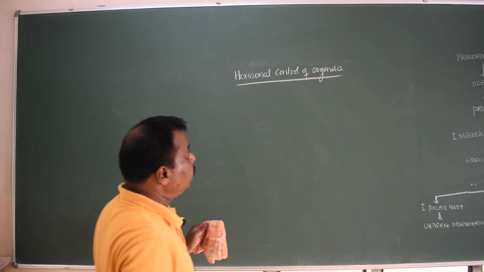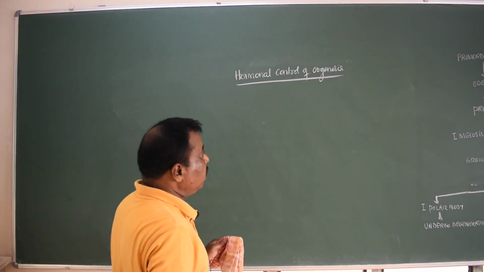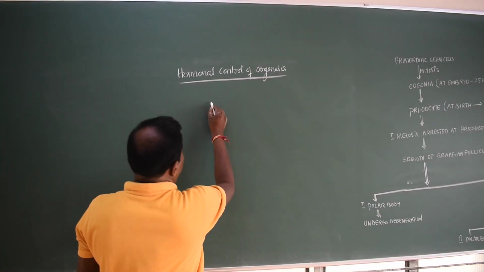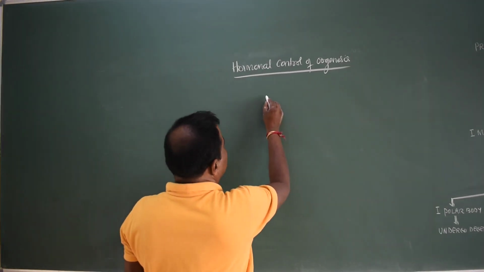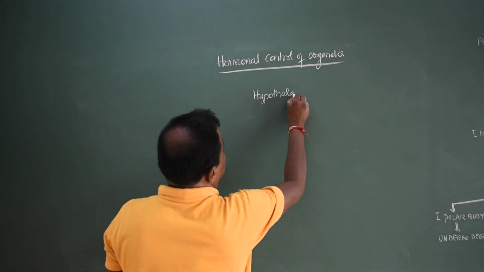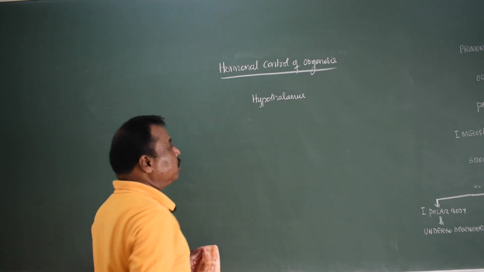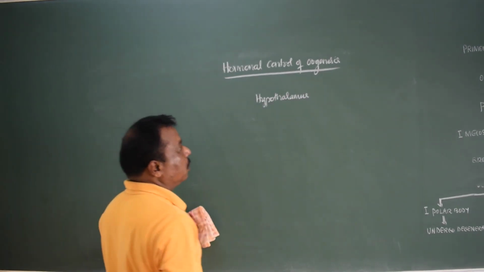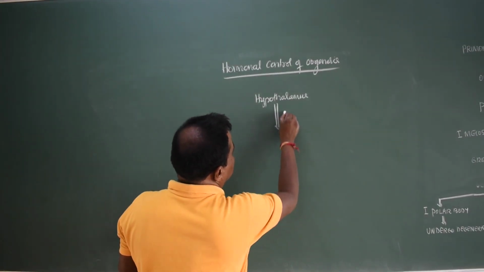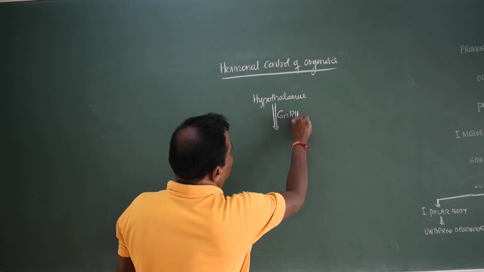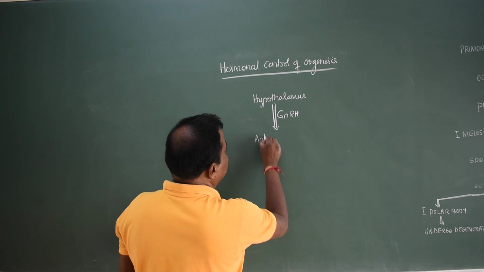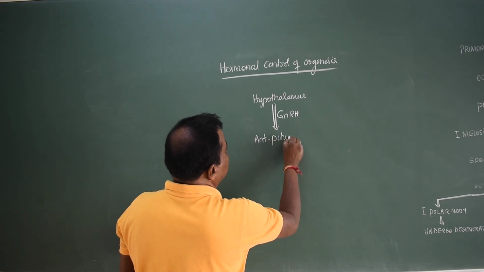Now, hormonal control of oogenesis. Oogenesis is controlled by hormones which are generally secreted by the pituitary gland under the influence of the hypothalamus. The hypothalamus, commonly called the master of master gland or the thermostat of the body, releases a hormone called GnRH, gonadotropin releasing hormone, and stimulates the anterior pituitary gland.